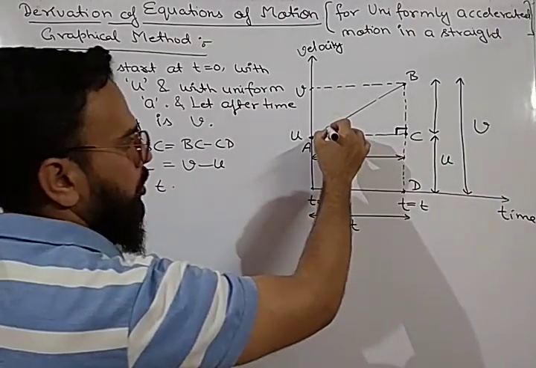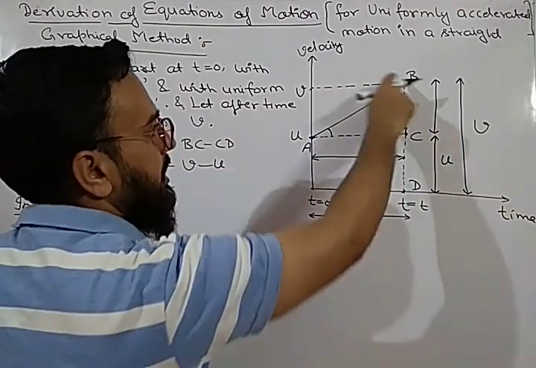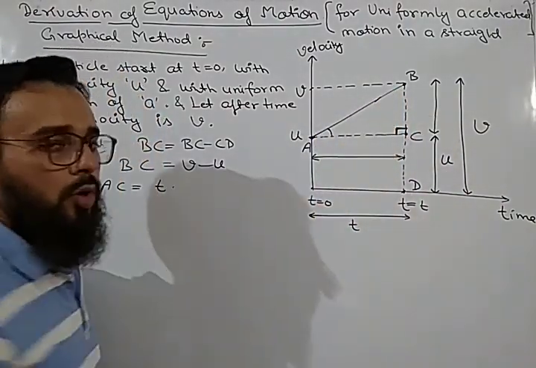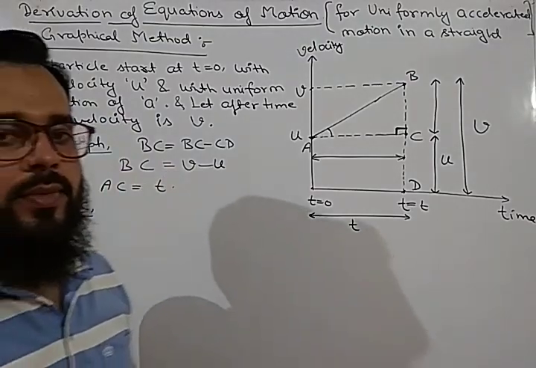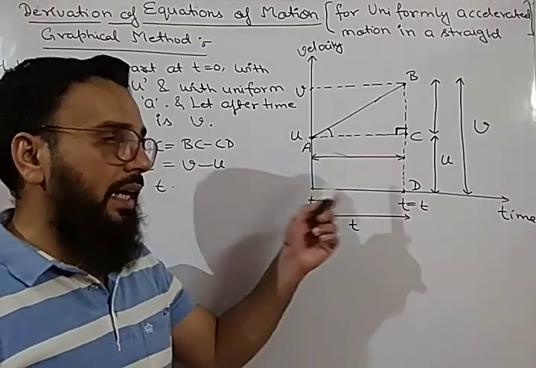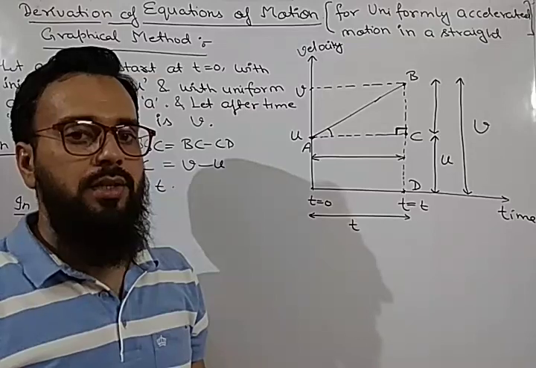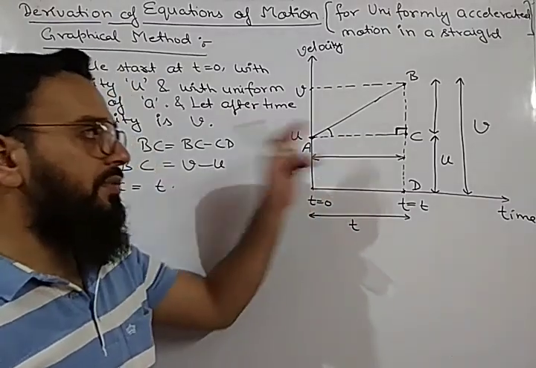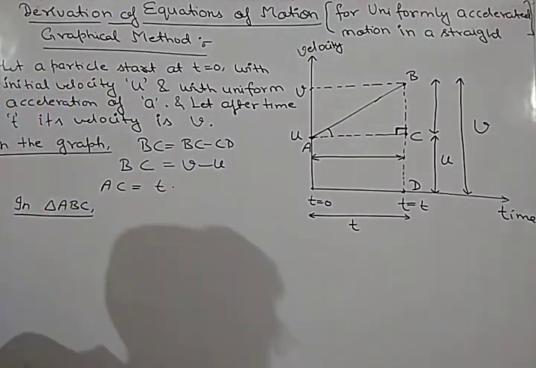Now in the triangle ABC, if we find the slope of this line AB, because we have to find the slope of velocity versus time, and we know that the velocity time graph gives us the acceleration. So if we find the slope of this graph, then we can find the acceleration.